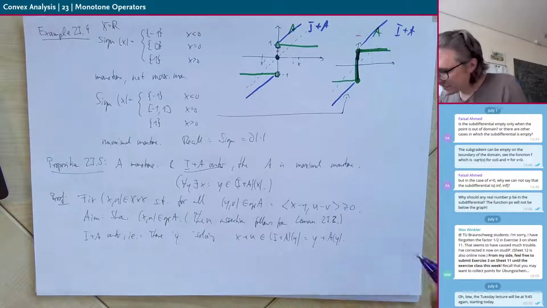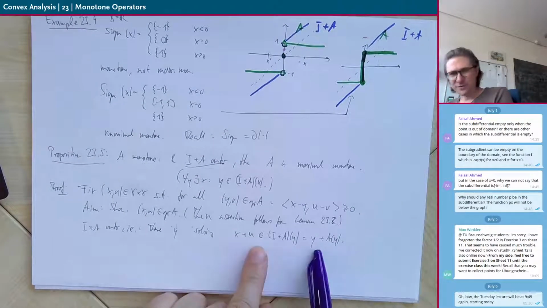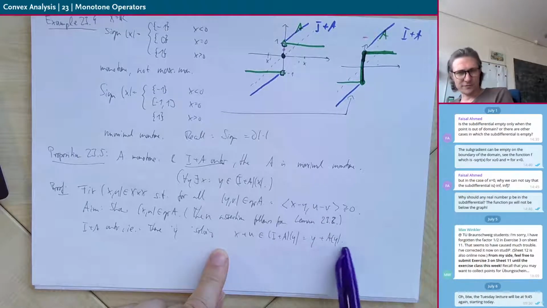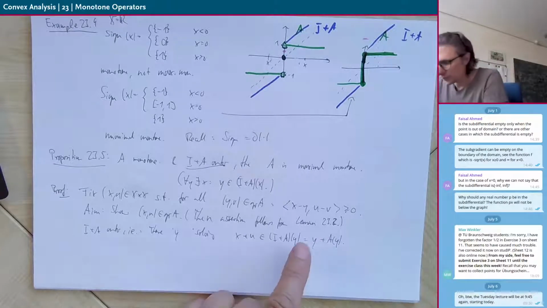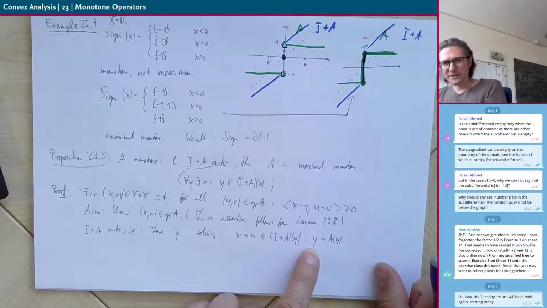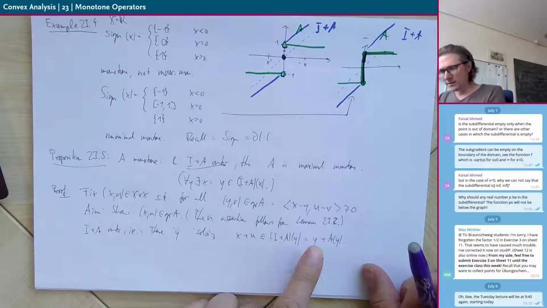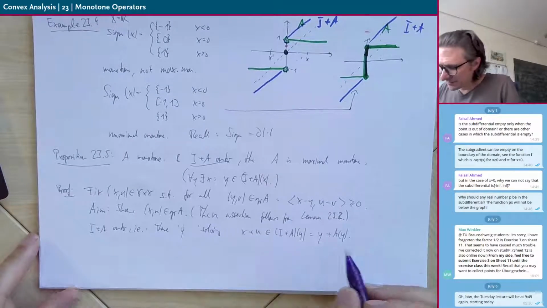So what does that mean? We often work with inclusions of that type here. x plus u is an element of some addition of sets, and of course we often just omit parentheses about the singletons here. So this is just a singleton y and the addition and so on. You know what I mean. So what does that mean?